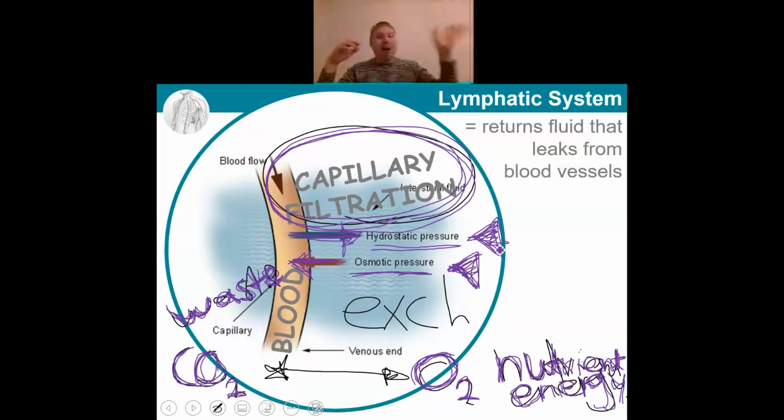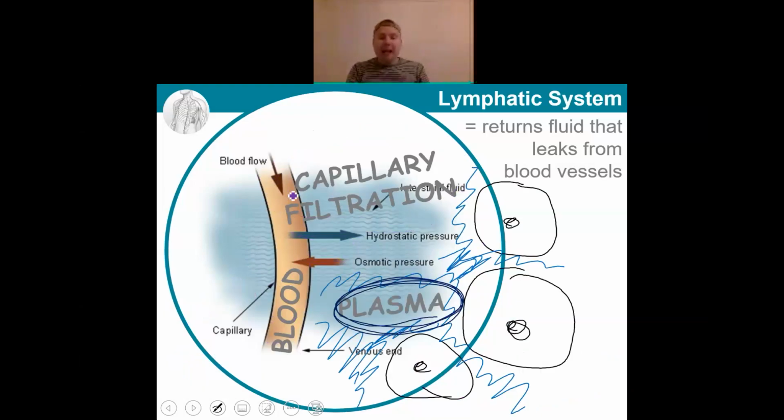There would be just as much hydrostatic force as there would be osmotic force, and the overall amount of the blood would be the same when it comes into this area as it is when it leaves this area. So if everything was balanced, that would be what happened. Well, we end up finding that there's not always cells immediately next to the capillaries.